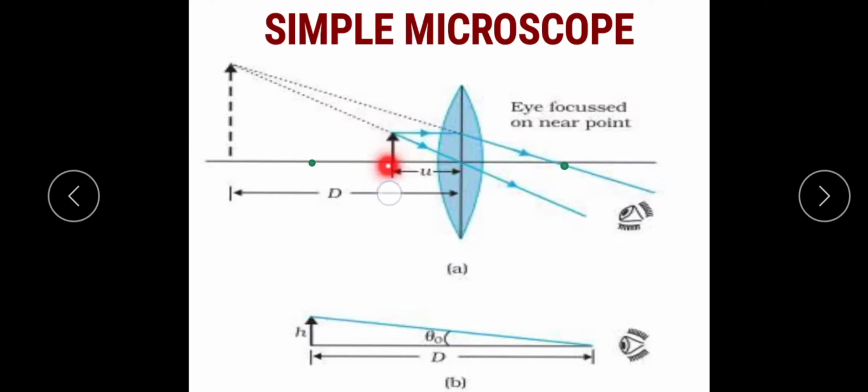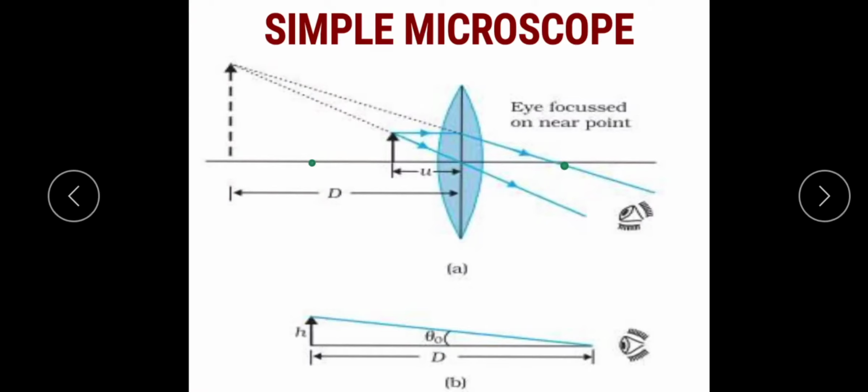AB is the object, which is placed between C and F here, at a distance u, such that a virtual, erect, and magnified image A dash B dash is formed. If the object is AB, then its image is A dash B dash. This image is virtual, erect, and enlarged.